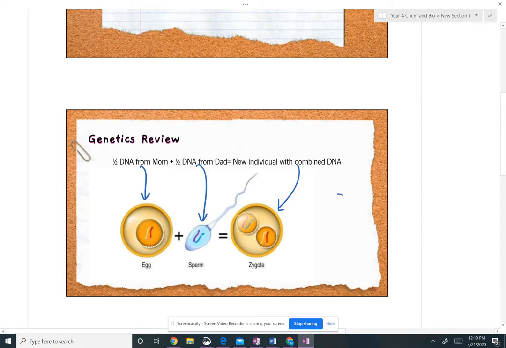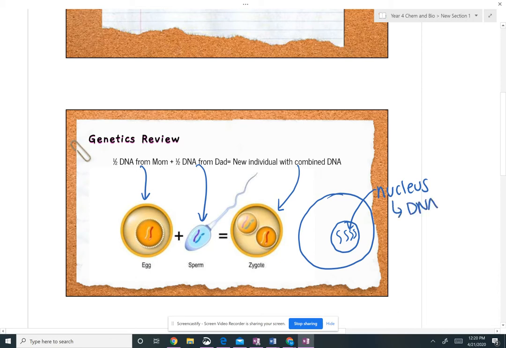What we typically have in a cell, and I'm not too much of a fan of this picture, is all the genetic material from mom and from dad, stored inside of this thing that is called a nucleus. And in this nucleus, we have our DNA.